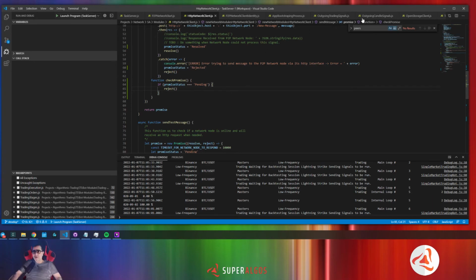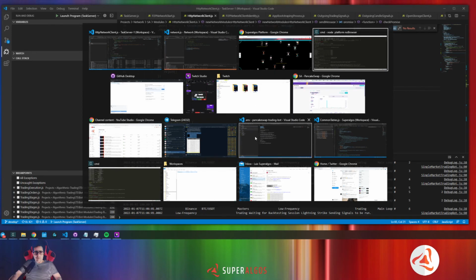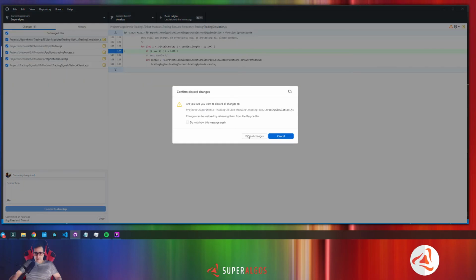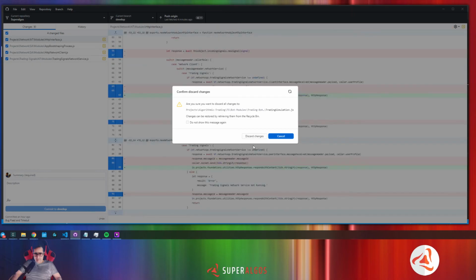So I need to do the simulation. I'm going to discard these changes. Okay, then HTTP interface divide.